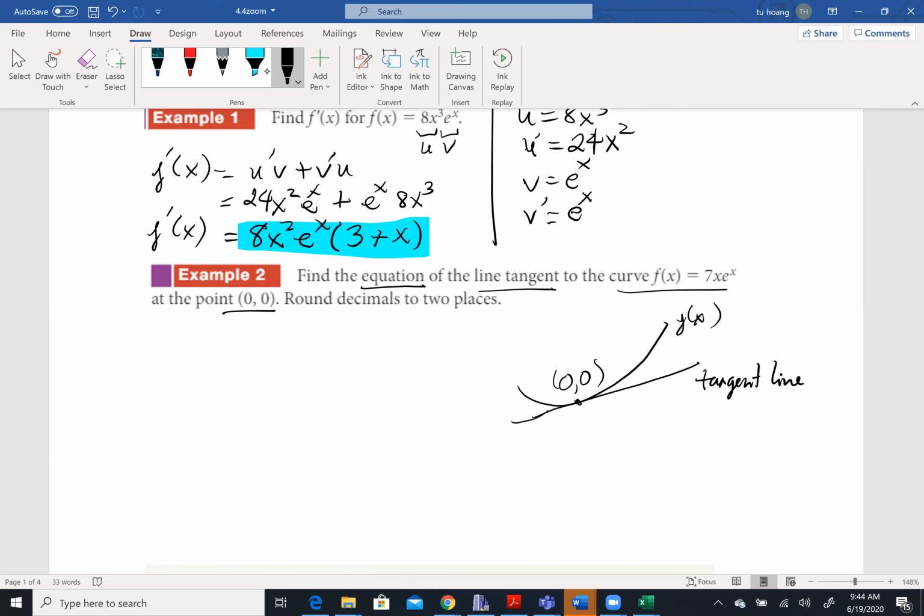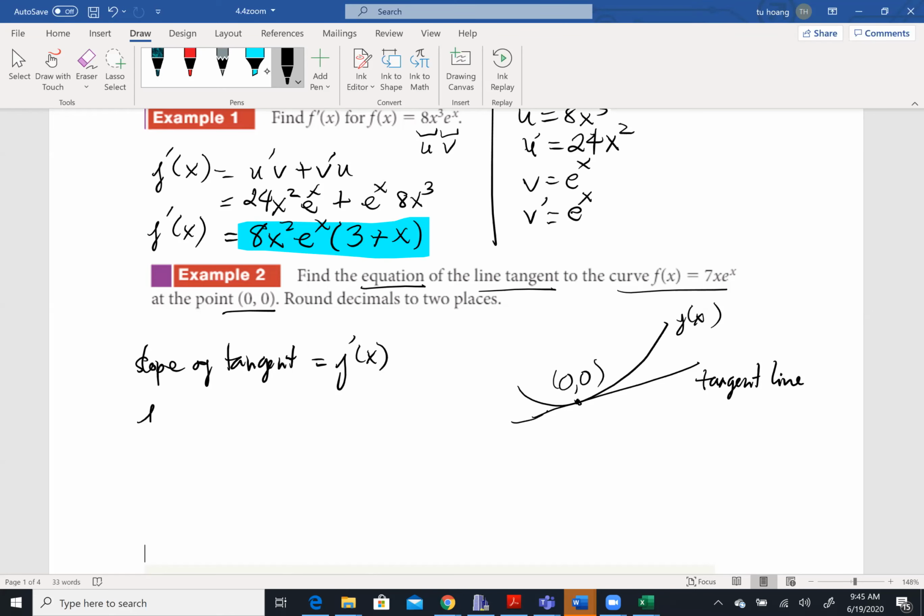Remember that this tangent line has a slope. The slope of the tangent line is going to be equal to the derivative of f(x), according to the definition of the derivative. So you will have to find the derivative of f(x).